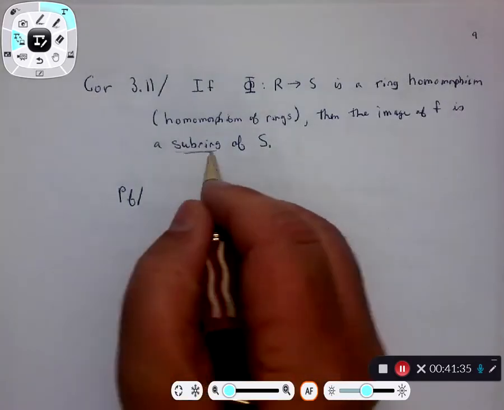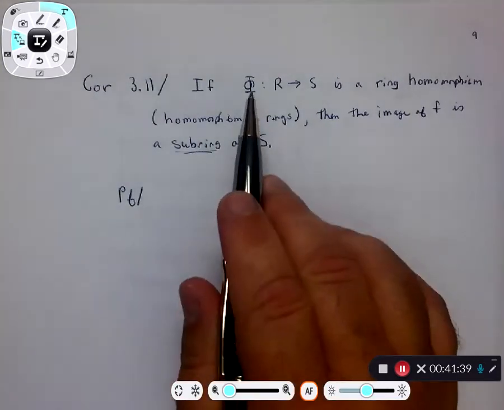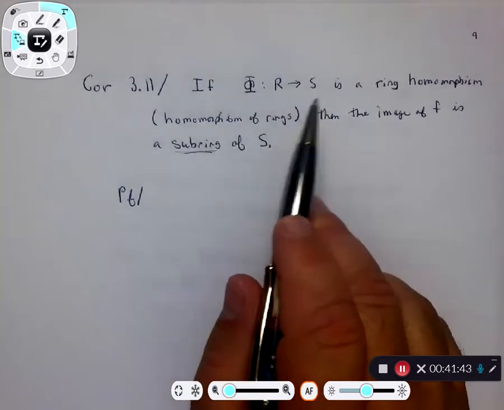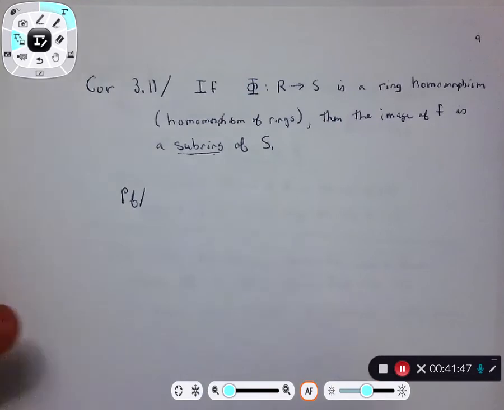We're going to prove a subring under mapping. As I mentioned to you before, phi is property preserving here. So I'm going to come over here and remind us what the image of F is.